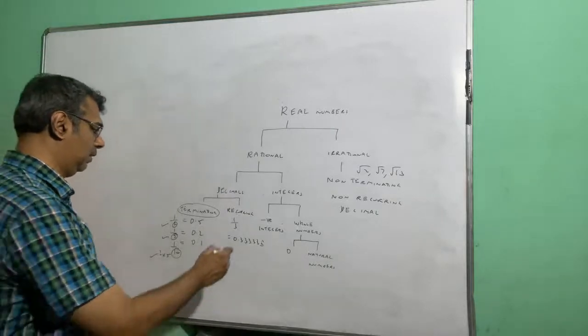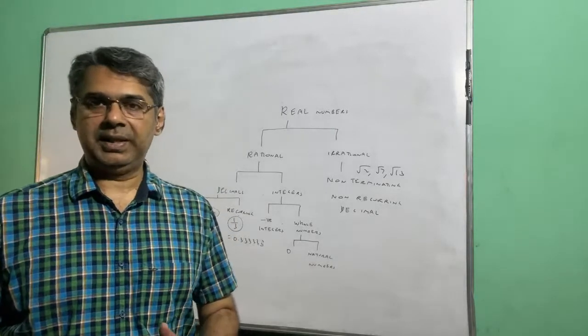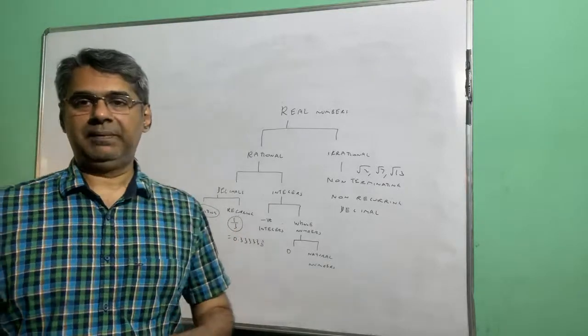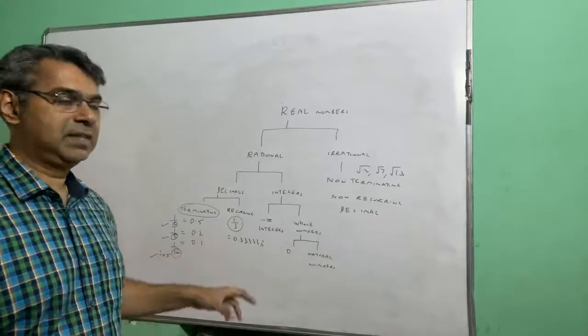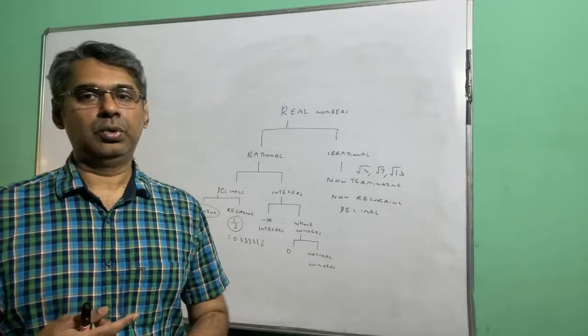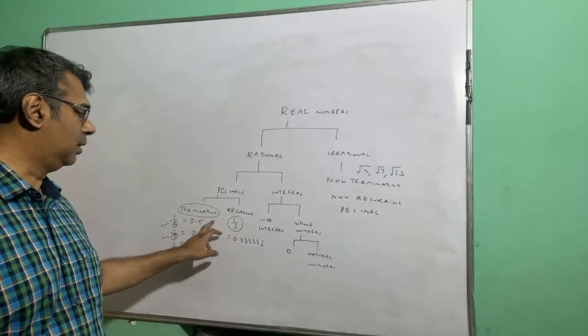Let's take an example of this one only. The example is right in front of you. 1 by 3. What is the prime factorization of 3? It is 3 only. That's it. So is the prime factorization containing 2? No. Is it containing 5? No. What is it containing? 3. So that is why it is not terminating, it is recurring.